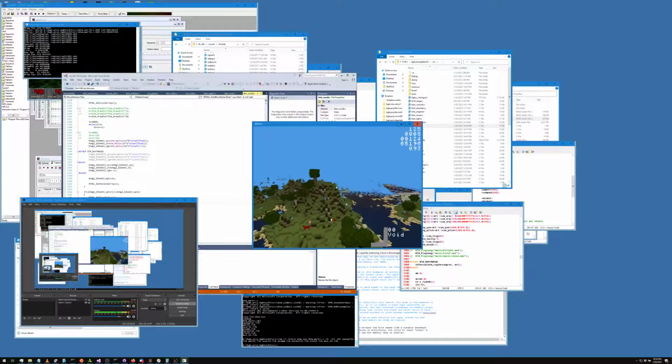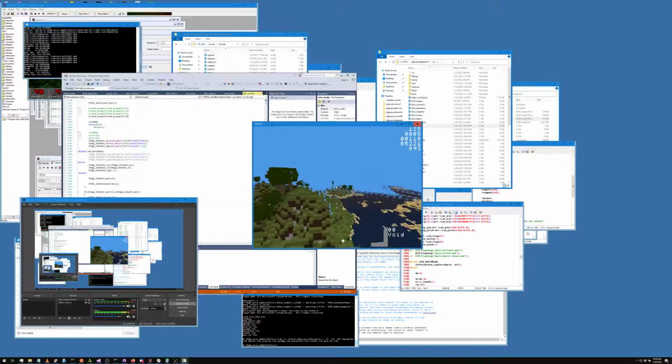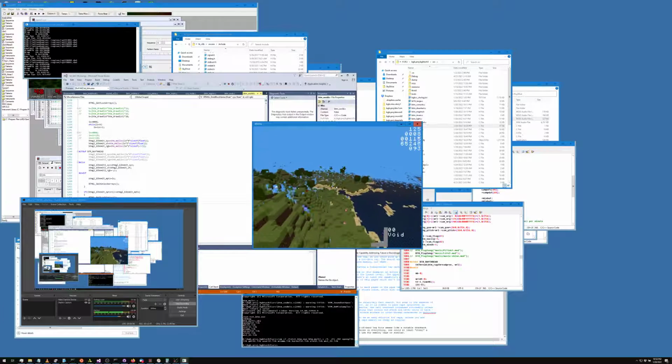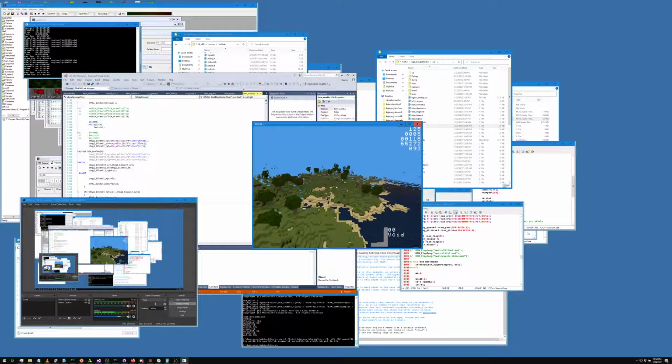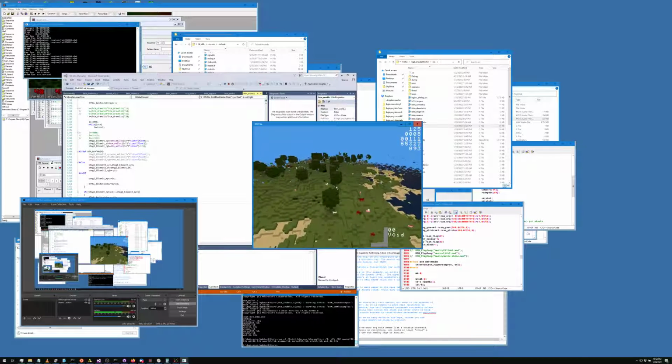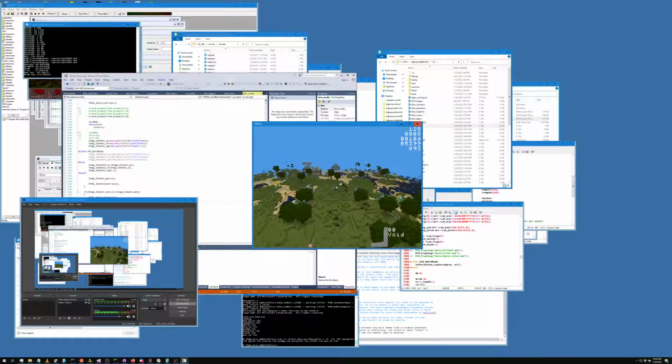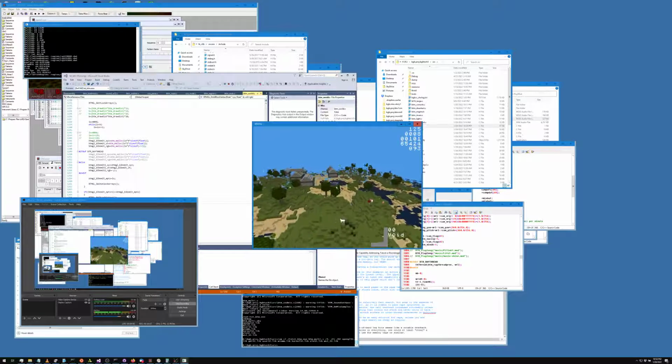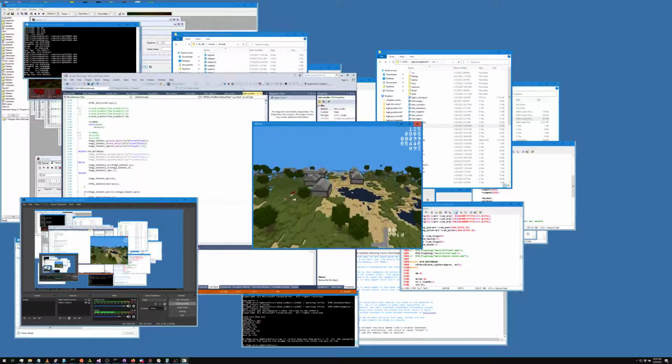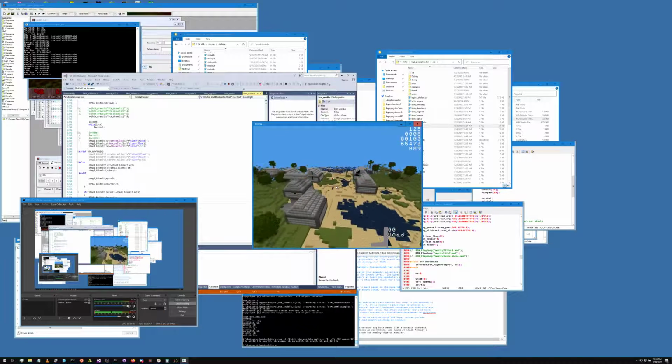Trying to multi-thread this engine did involve a fair bit of debugging effort, because the terrain system isn't entirely thread safe, so multiple threads trying to interact with the terrain system at the same time can lead to fairly obvious chunk corruptions.